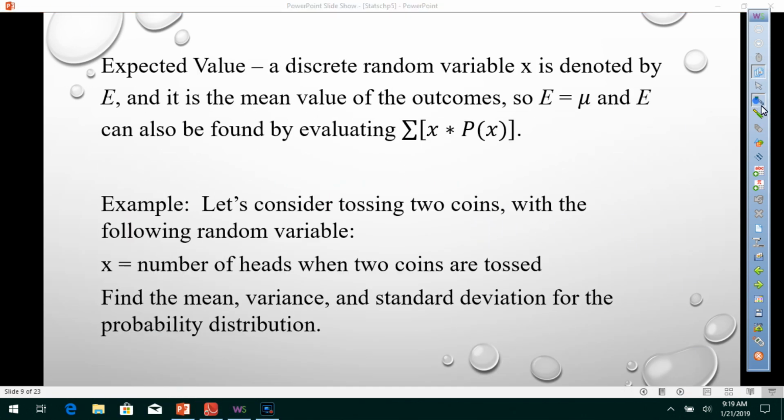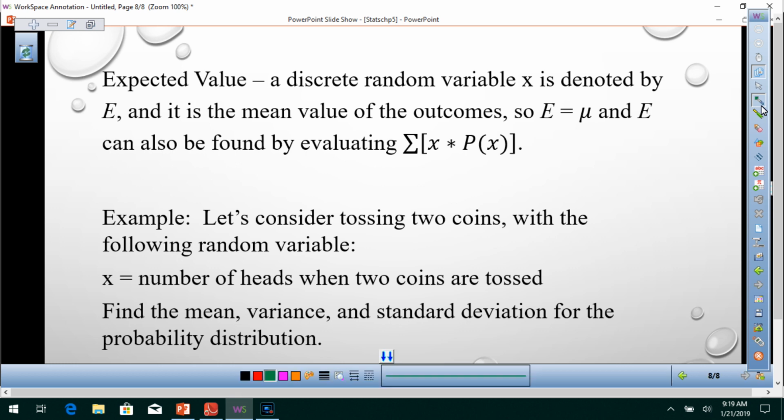Expected value. A discrete random variable x is denoted by E, and it is the mean value of the outcomes. So the expected value equals the mean, and E can be found by evaluating the sum of x times p of x.